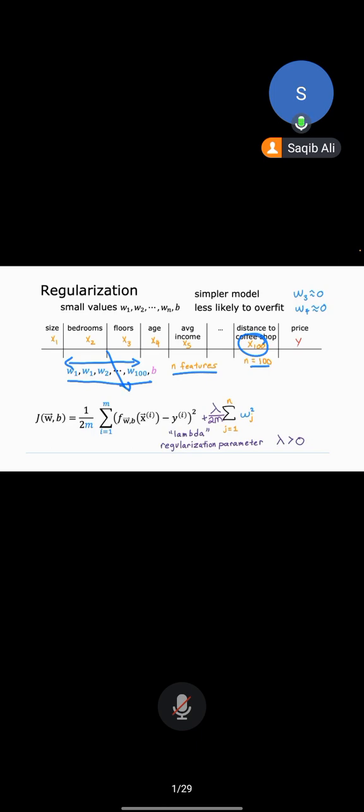Our objective is to reduce the values of these parameters. In order to do that, we add this term to our cost function. Same cost function, no change at all up to here. We add the term plus lambda over 2m, sigma j equals 1 to n, wj squared.